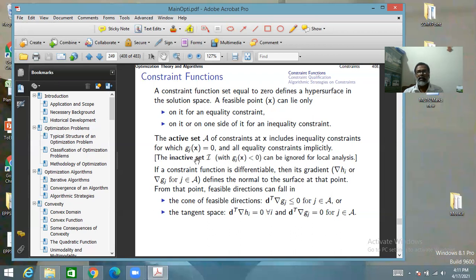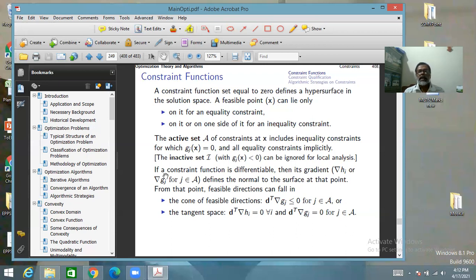The inactive set, that is those inequality constraints which are satisfied with a margin, that is for which g_j(x) is less than 0, can be ignored for local analysis. Because if at that point g_j(x) is negative, then around that there will be a neighborhood in which it will be so by continuity.